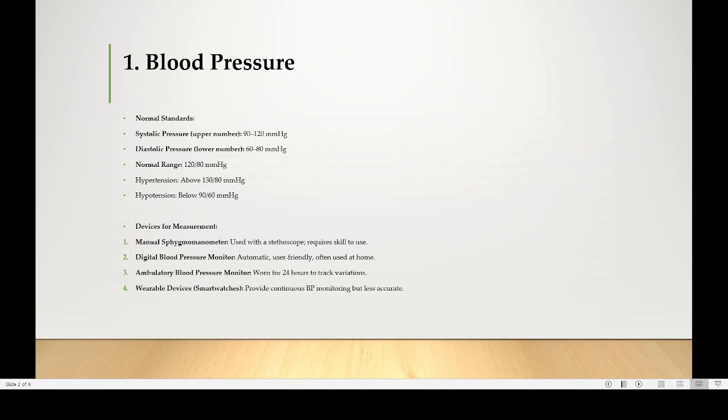There are many products available. Apple has certain high-end models, and I think Apple has a device like this. So these are the different types of devices available for measuring blood pressure.